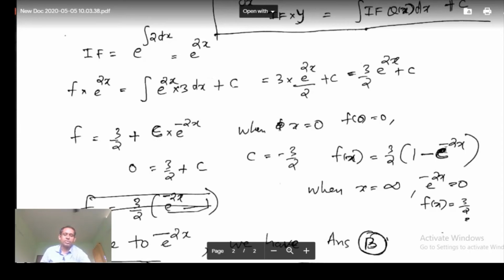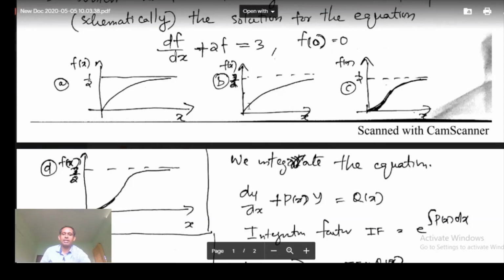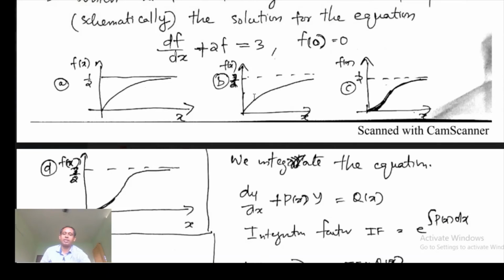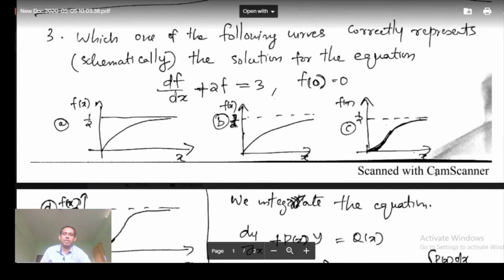Okay, and due to this e to the power minus 2x, 1 minus e to the power minus 2x will be varying like this. And when x is infinity, we saw here, f of x is 3 by 2.